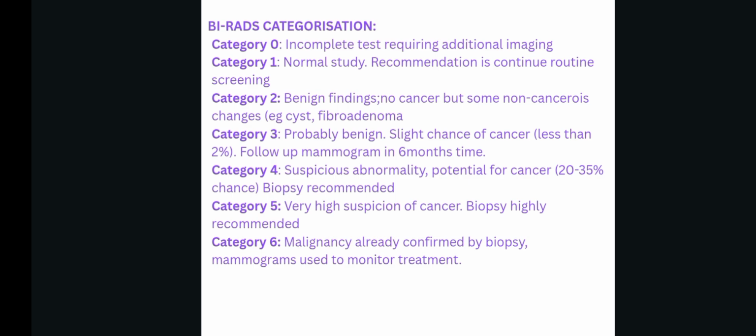And 4B is moderate suspicion, which is greater than 10% but less than 50% likelihood of being cancer. And 4C is high suspicion of cancer, which is greater than 50% but less than 95% likelihood of being cancer.